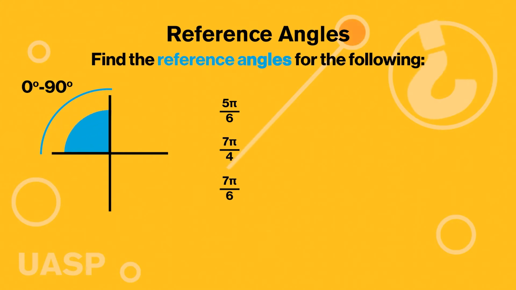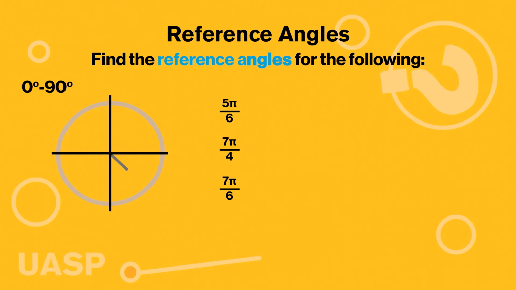I'll go ahead and draw that out just to make it a little easier to understand. So pretend that we have a coordinate plane here. You can even think of it almost like a unit circle that we've been talking about. And say we have an angle here, okay? With reference angles, like I said, it's the closest angle to the x-axis.